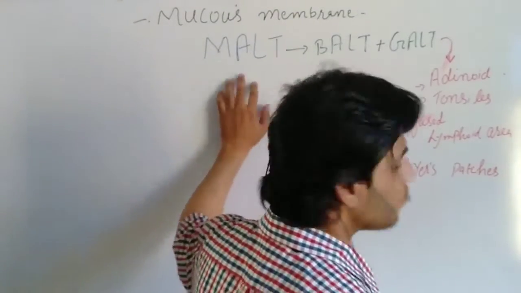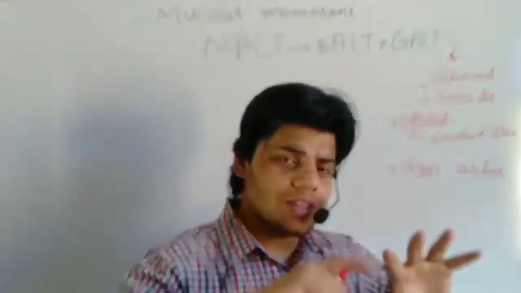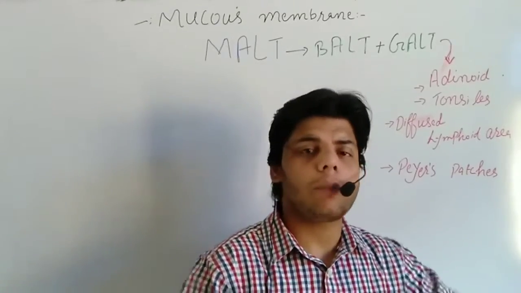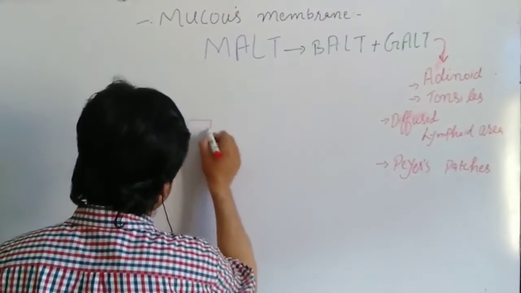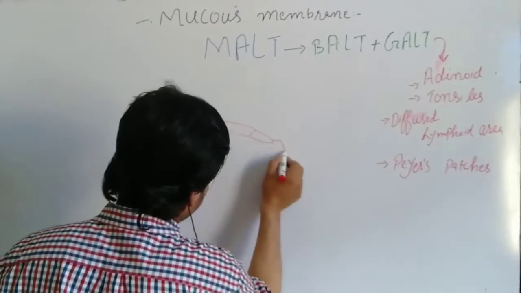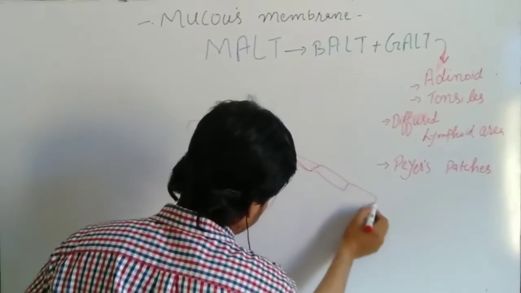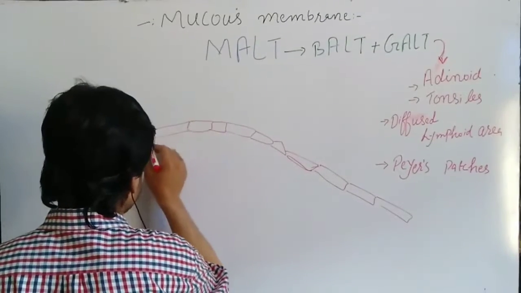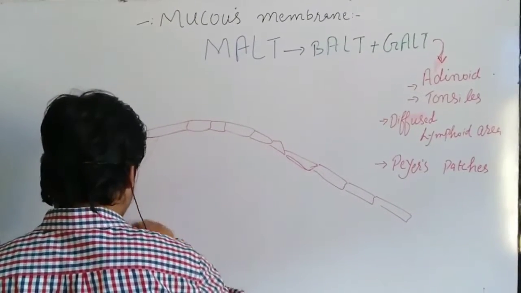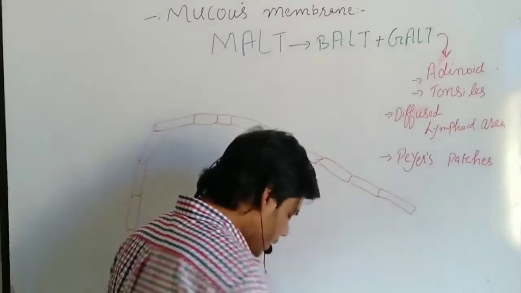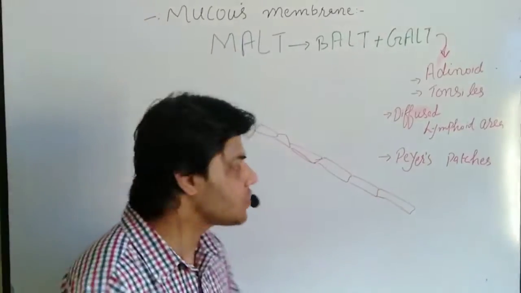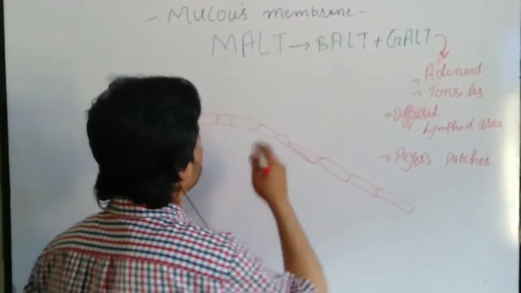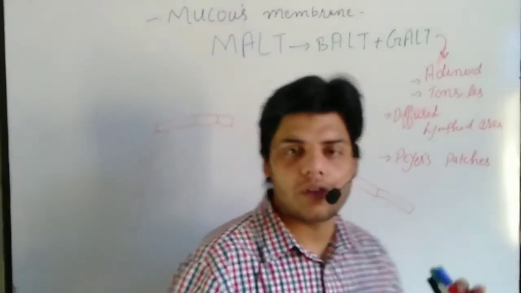Now if we discuss the function of this MALT, let me draw a simple diagram of the gut. Okay, so I'm not drawing the whole structure of the gut. So let's say these are the cells, which are connected to each other, and these cells are usually the cells of the gut.